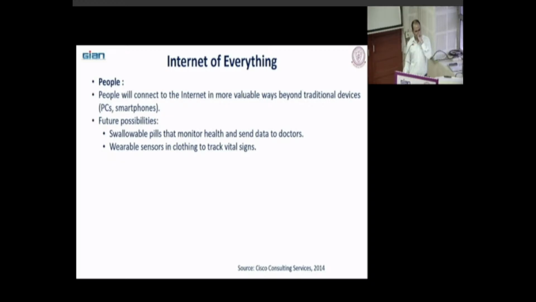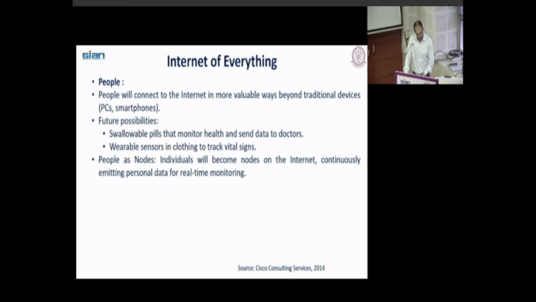There are small chips now being used in those clothes, so that they will tell exactly how much it came into the external environment and whether you really used it during those 30 days or not. Those kinds of advanced applications are coming because of these technologies. People as a node: individuals will become nodes in the internet, continuously emitting personal data for real-time monitoring.